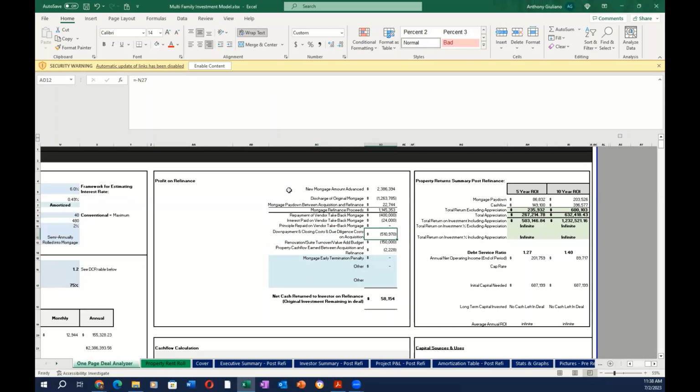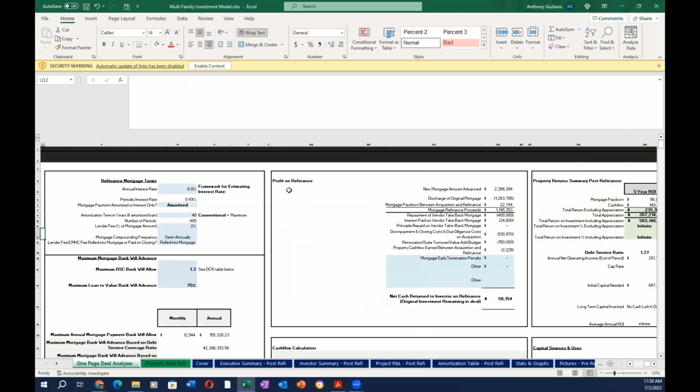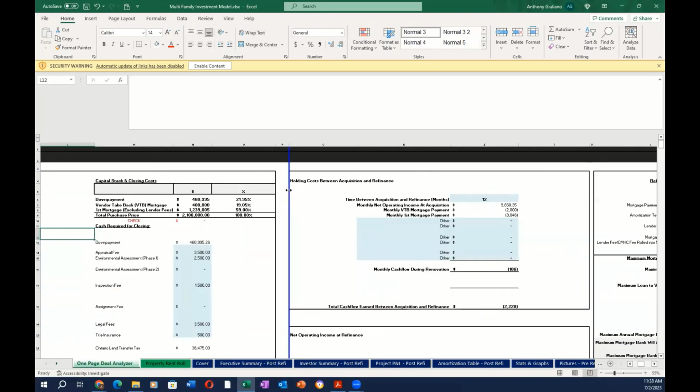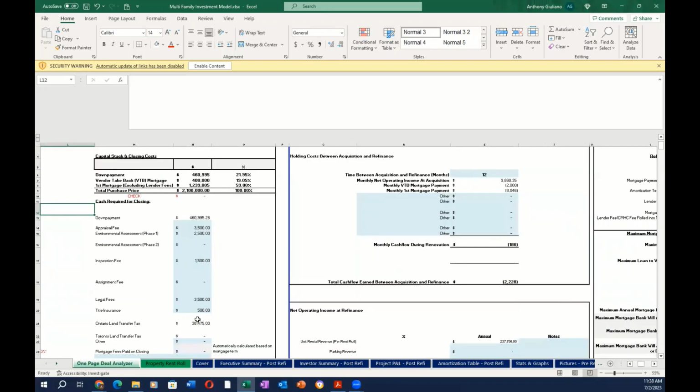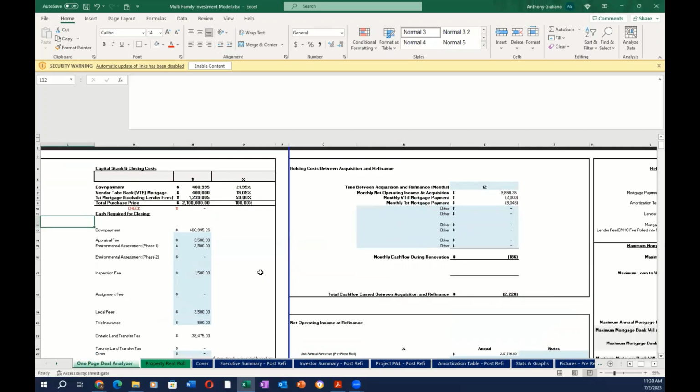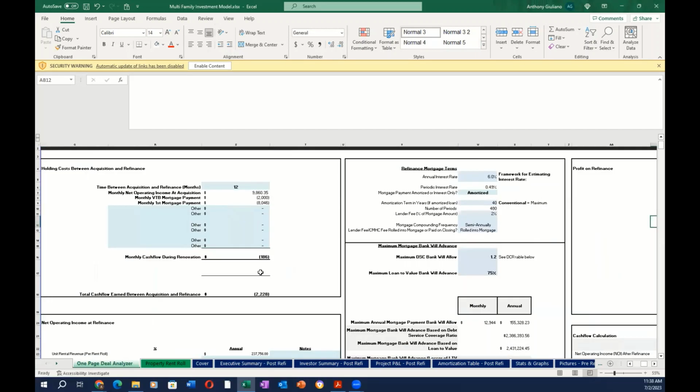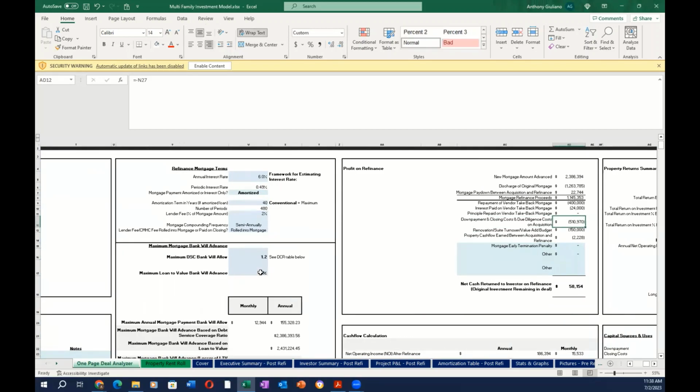There's also the original down payment, closing costs, and due diligence costs of $510,000 that was calculated in this section over here, where we calculated the cash required for closing. There's also the $150,000 renovation and suite turnover cost, and then the $228 negative cash flow during the deal.